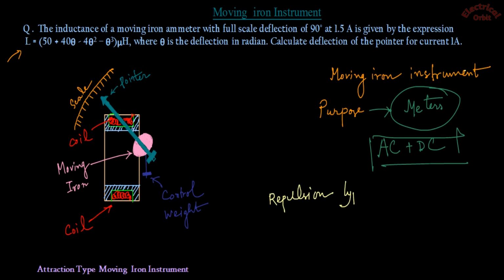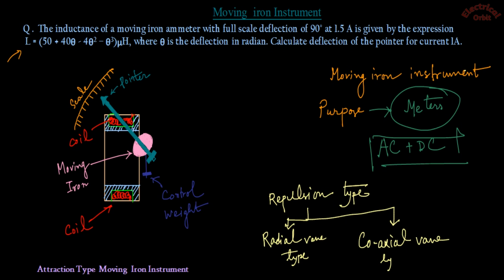Repulsion type again may be of two types: radial vane type and coaxial vane type. But for understanding this given problem, the attraction type moving iron instrument concept is enough, as there is not much difference between the different types of moving iron instrument, that is attraction and repulsion.